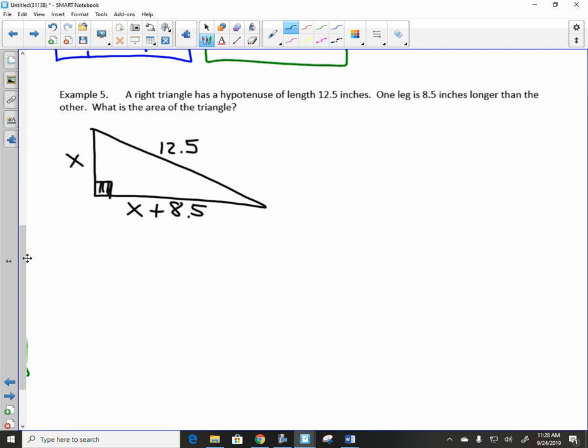What equation? What? We're asking for area.